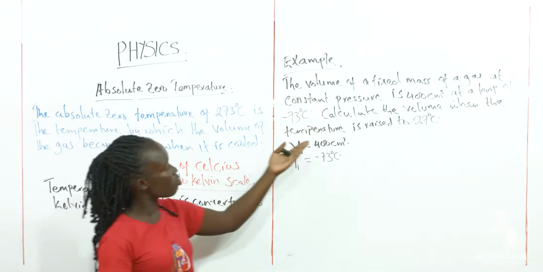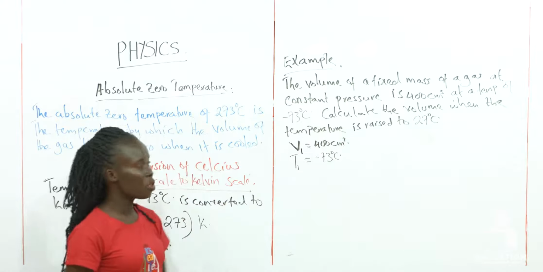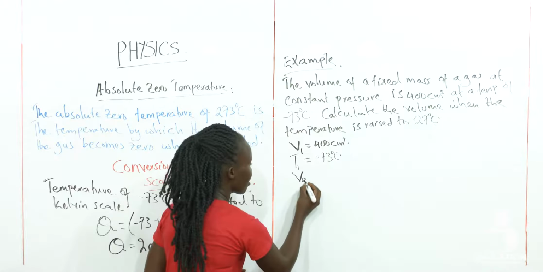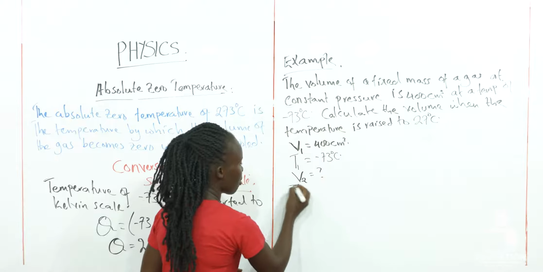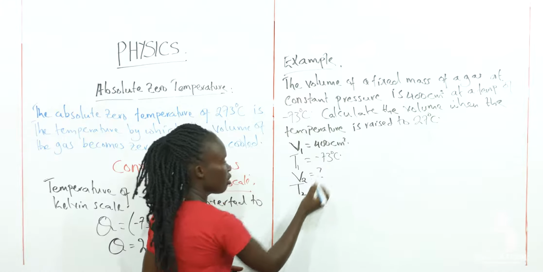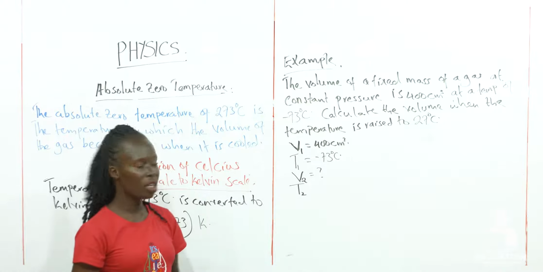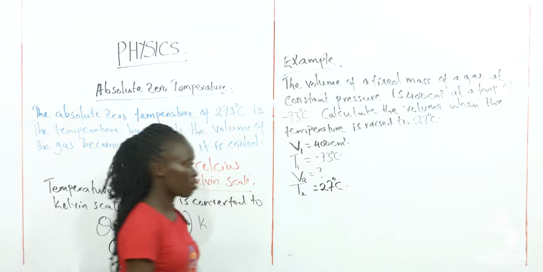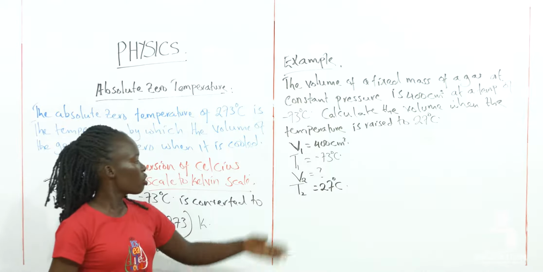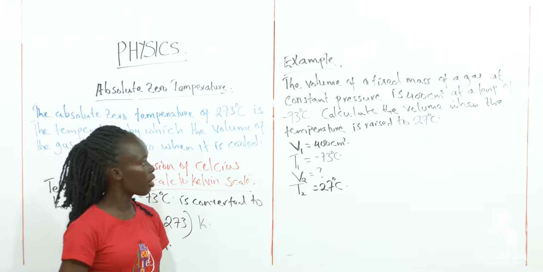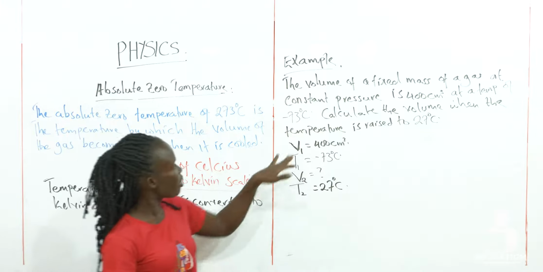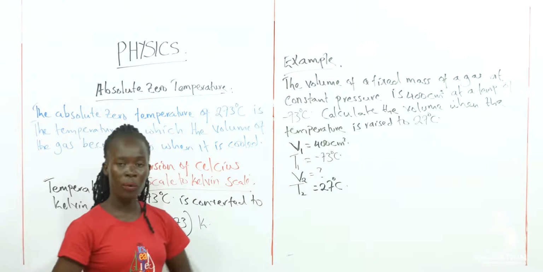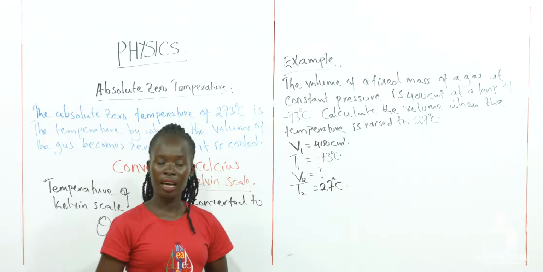Now the question wants us to calculate the volume when the temperature is raised. So what will we have as our volume of this gas when the temperature is varied from negative 73 degrees Celsius to 27 degrees Celsius? To find this volume, we need to first convert the temperatures to the Kelvin scale.